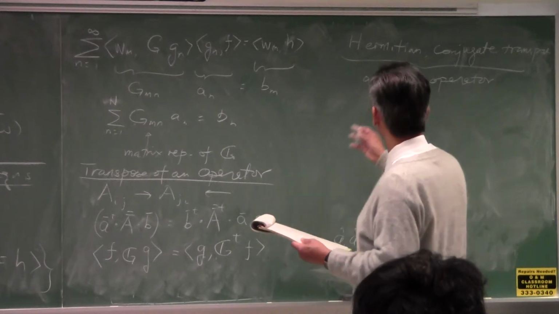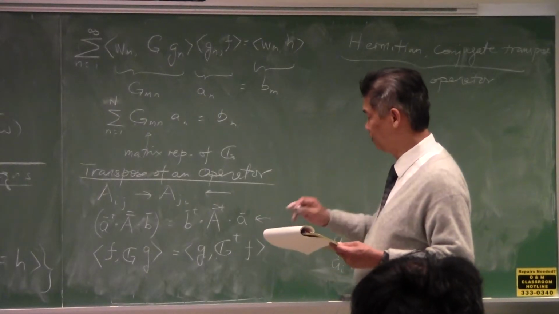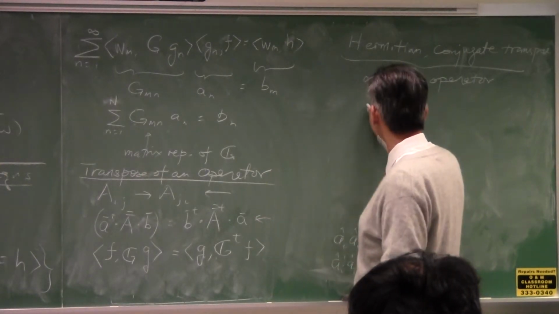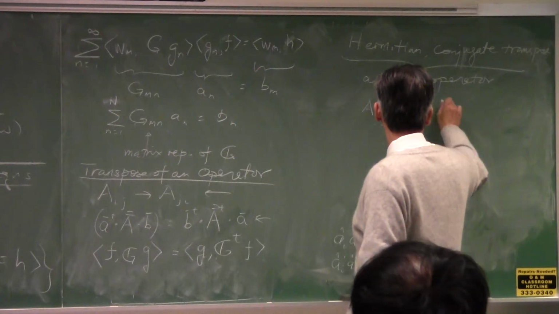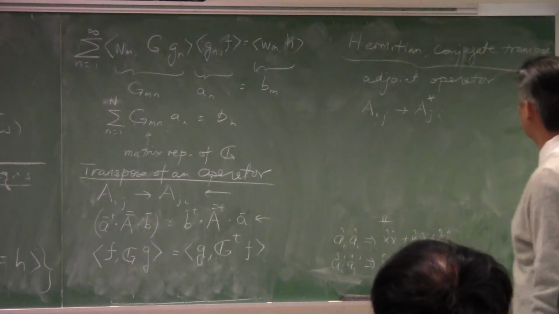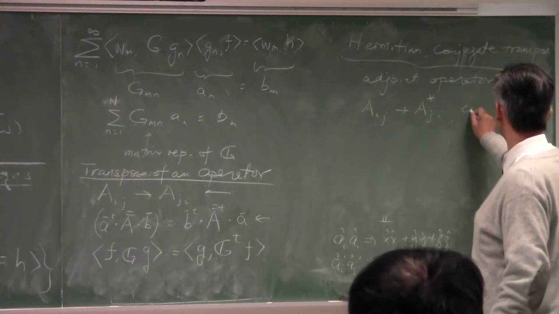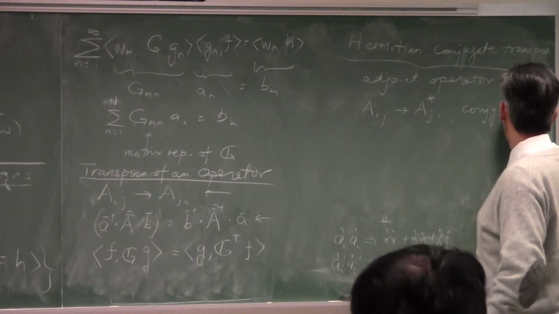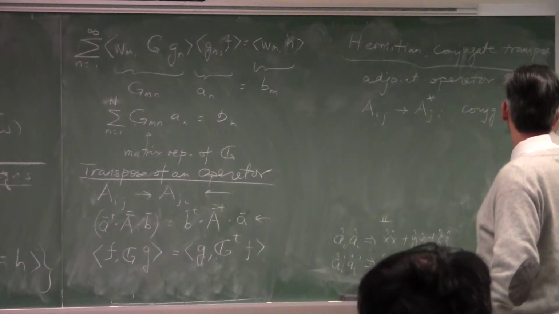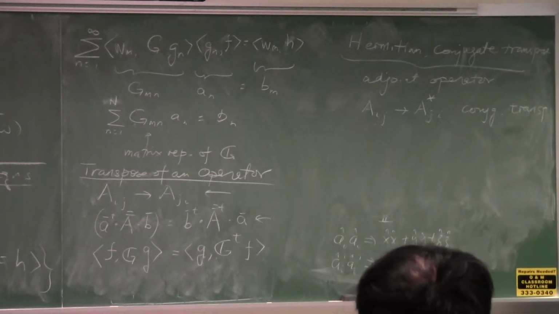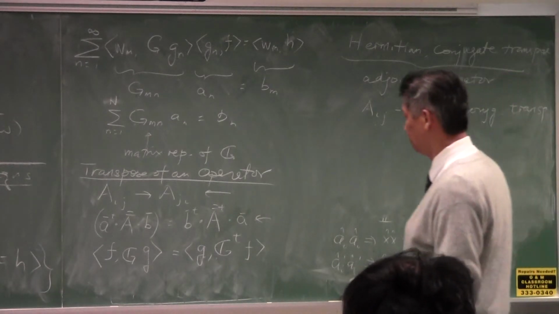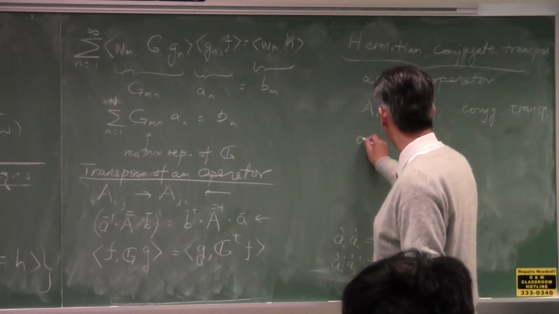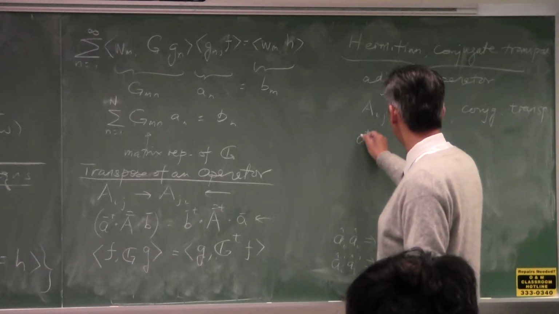Because we know that in matrix algebra, there are two kinds of ways we can do a transpose. A conjugate transpose is when you do this in matrix algebra. Okay, this is called the conjugate transpose. Instead of using this to define it, we can also use the inner product.